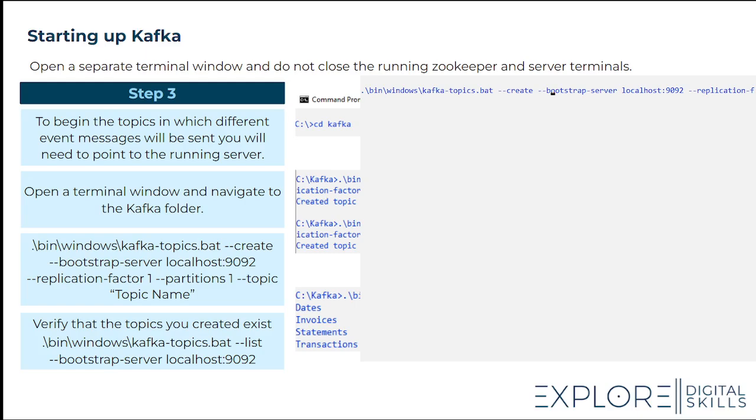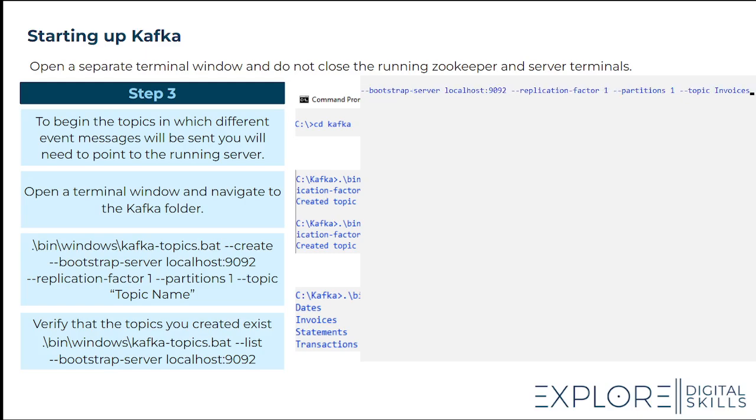You might just have to try one or the other. I've given you both in the start file. So if bootstrap doesn't work, then you know that the zookeeper one will work, because that is where your server or your localhost is. So localhost:9092, that is the host that we're going to be running on. This is different to the port that we were running on, so please be mindful of that.